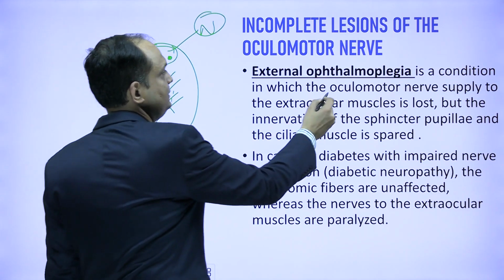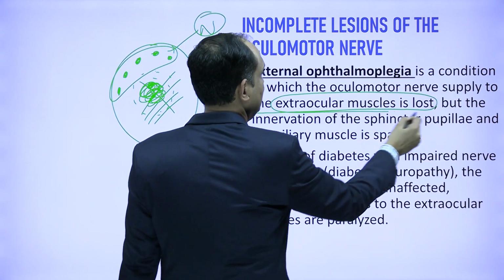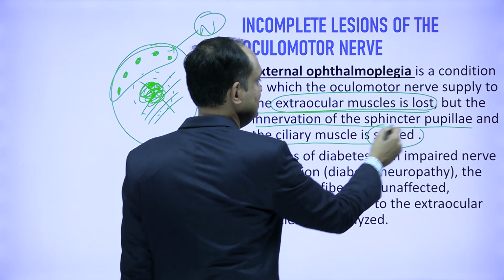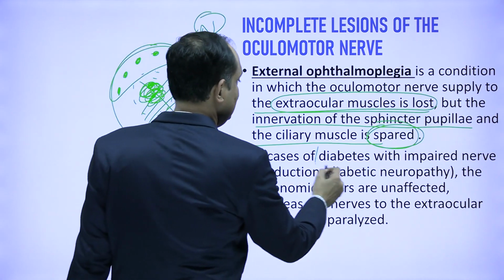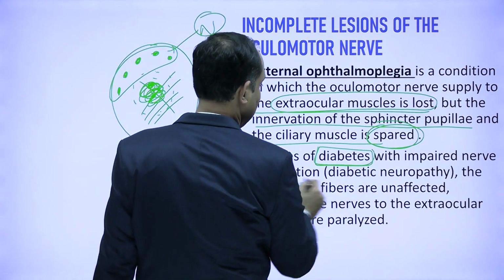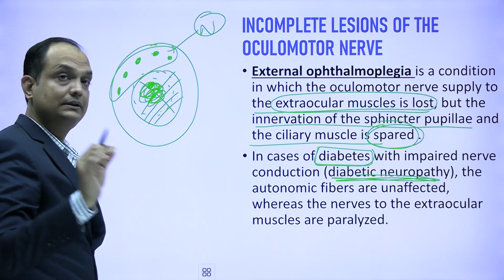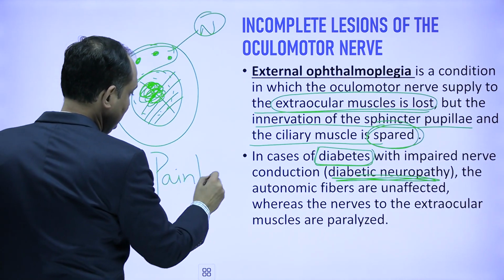So this is the condition in which the oculomotor supply to the extraocular muscle is lost, and the innervation to the sphincter pupillae and ciliaris muscle is spared. This condition is seen in diabetes, and diabetic neuropathies generally involve the central portion, but the important thing is that diabetic neuropathies are generally painless.